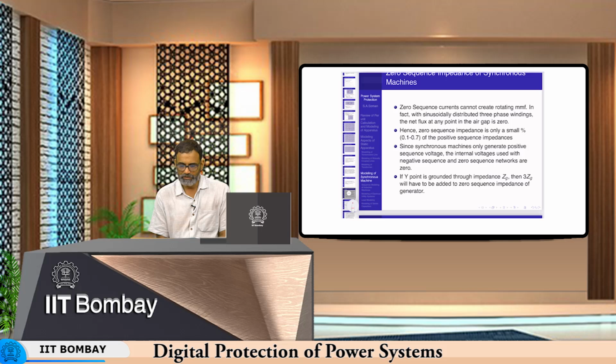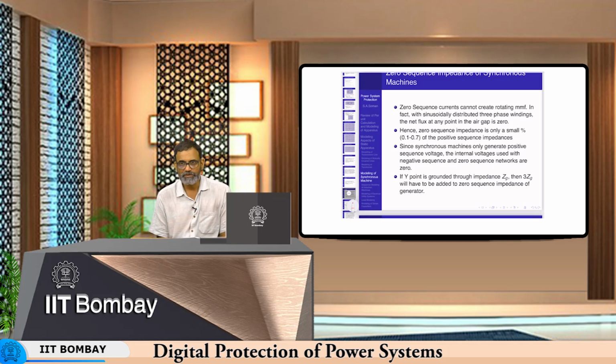Similarly, zero sequence currents, as we saw in the last lecture, cannot create any rotating MMF. We proved it mathematically also. The net zero sequence flux at any point in the air gap will be zero. Theoretically, because the flux is zero, the impedance should also be zero. The inductance, that is N phi by I, should be zero, and the impedance in turn should also be zero.